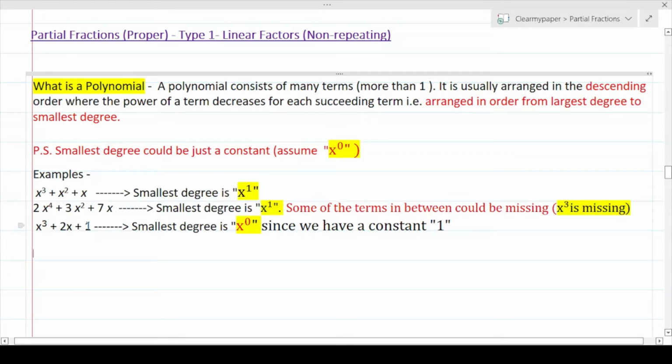It is not necessary that every polynomial has a constant, but it can have one. And if it has a constant, always assume during the mental math that it is associated with x to the power 0. That's the intuition.